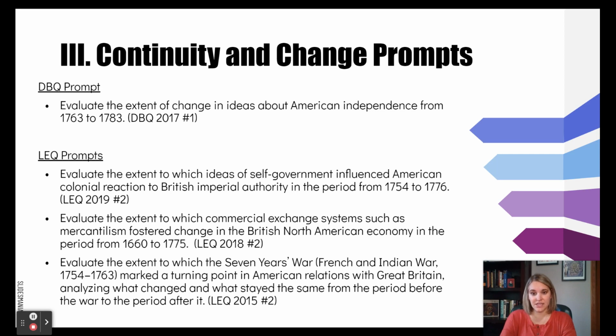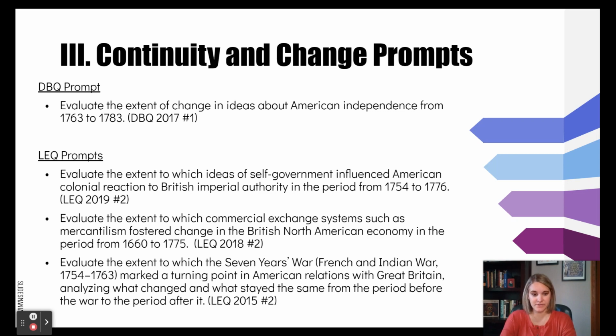So in 2019, they asked students to evaluate the extent to which ideas of self-government influenced American colonial reaction to British imperial authority. So how much did this idea change American reactions? In 2018, they asked students to evaluate the extent to which commercial exchange systems, such as mercantilism, fostered change. So did mercantilism change the North American economy, or did it remain the same?